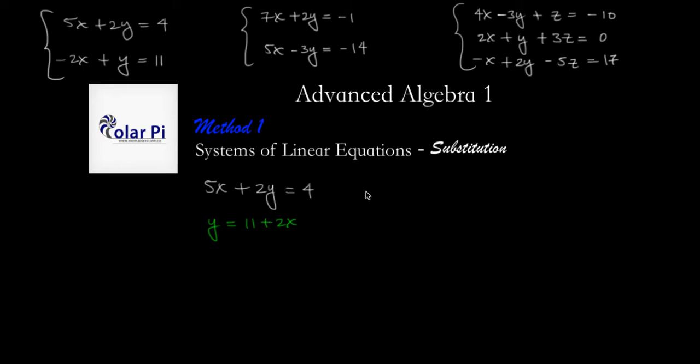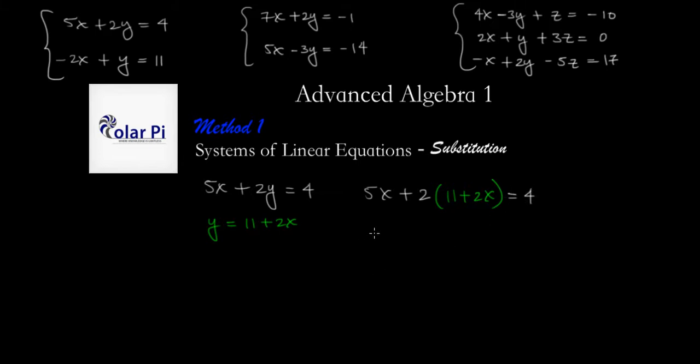Anyway, you get it. So 5x plus 2, and then that y right there is 11 plus 2x based on the second equation. So 2 times (11 plus 2x), just making it very clear that we've substituted for y using the second equation, and then equals 4.